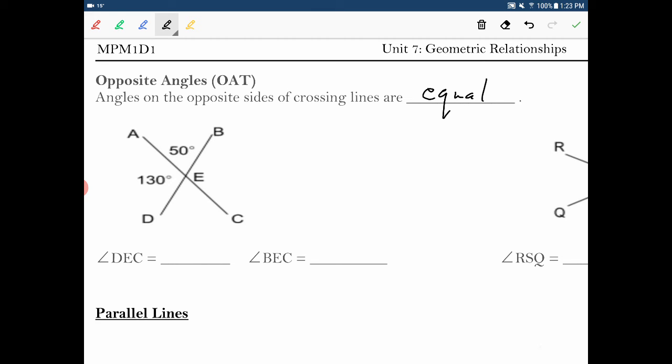So fortunately, this one's actually pretty easy too. So DEC, remember, if you're given an angle like this, it means you start at D, you go to E, you go to C. So we're talking about, no, I didn't draw the C. Okay, so we're talking about this angle right here for this one. And it's opposite from that 50 degrees, so it is also 50 degrees. BEC, going from B to E to C, is going to be the same as the 130.